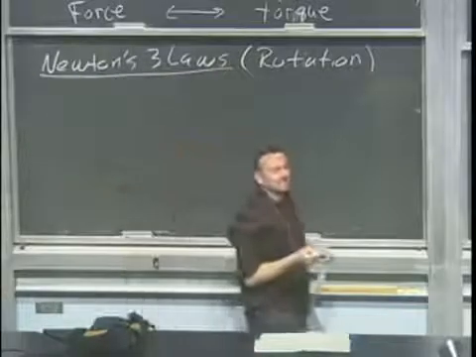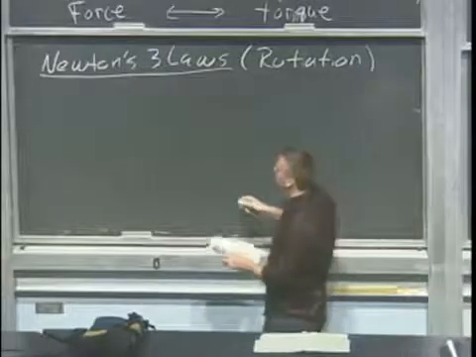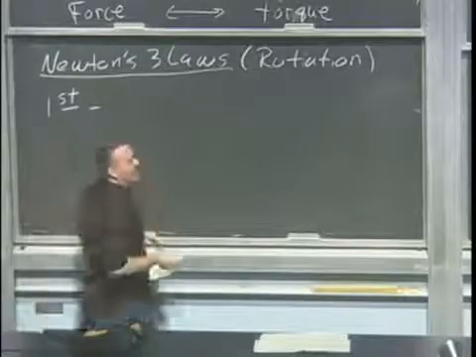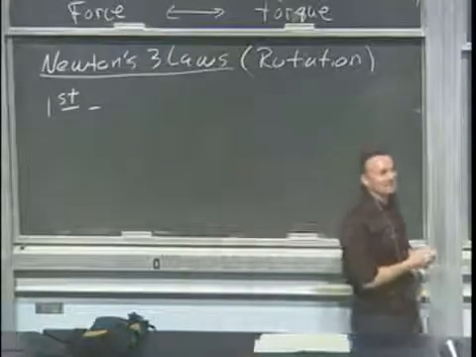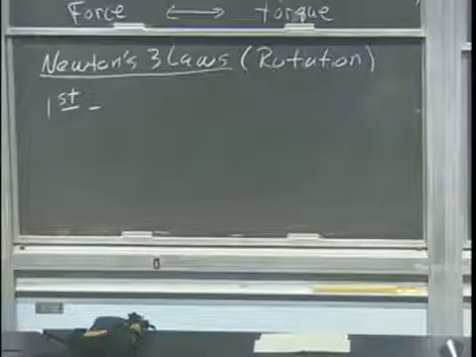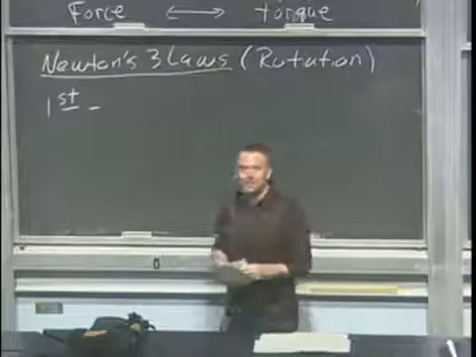First one, easy. An object that's spinning stays spinning. An object that's not spinning stays not spinning, unless it is acted on by an unbalanced torque.